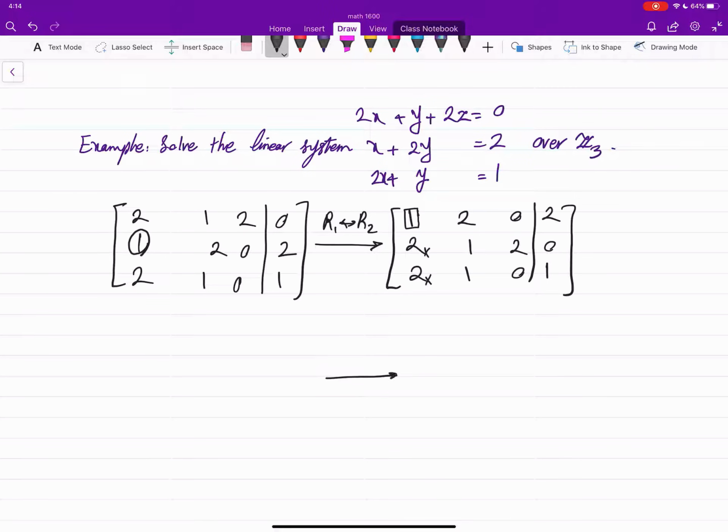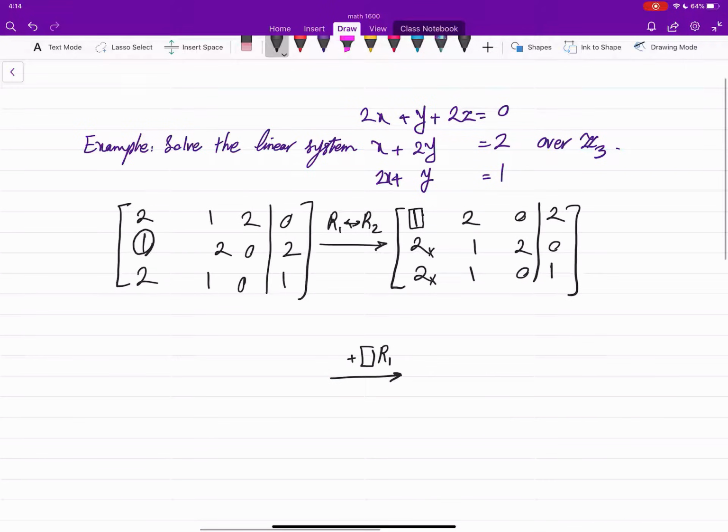So in other words, I'm looking for a box such that when you multiply row 1 by it and then add it to row 2, we get this entry 0. In other words, 1 times box plus 2 needs to be 0. We want to kill this 2 there. Go find the values. So box here can be either 0 or 1 or 2.